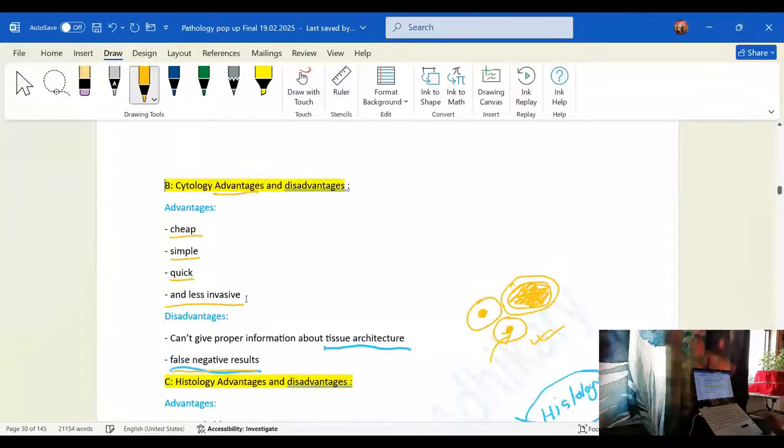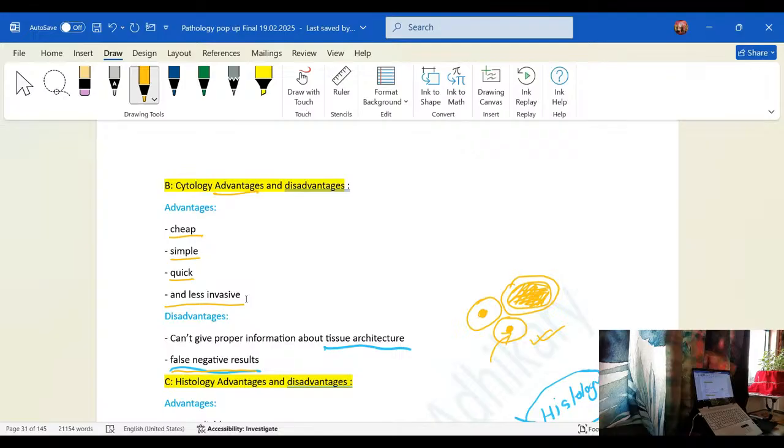Cytology advantages: cheap, easy, simple, quick result, and less invasive. Disadvantages: it can give false negatives and cannot give proper information about tissue architecture.